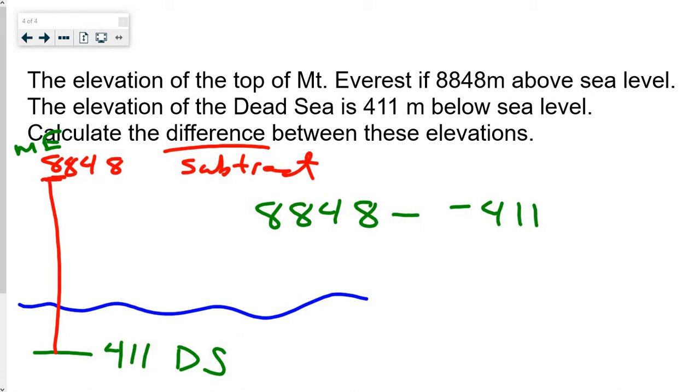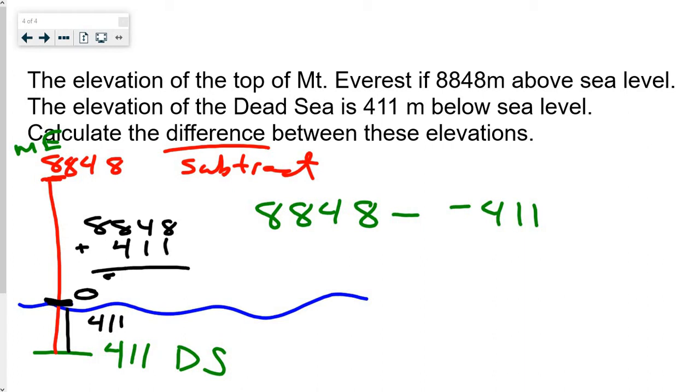So there's a whole bunch of different ways you can do this. You can look at this as negative 411 till 0, and 0 to 8,848, and then 0 to 411 is 411. So you can add those, and you're going to get roughly the same number as you do if you subtract negative 411, because you're trying to find the difference between these.